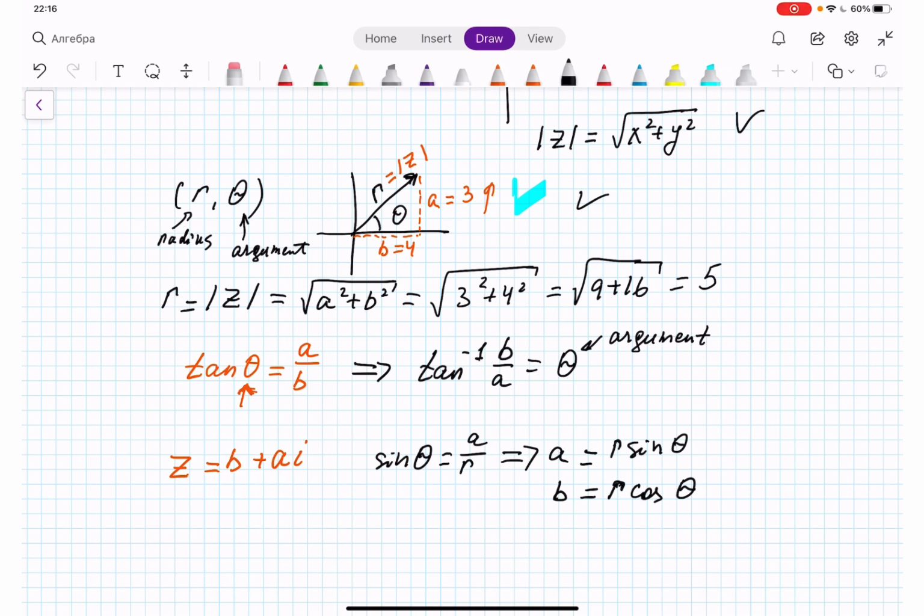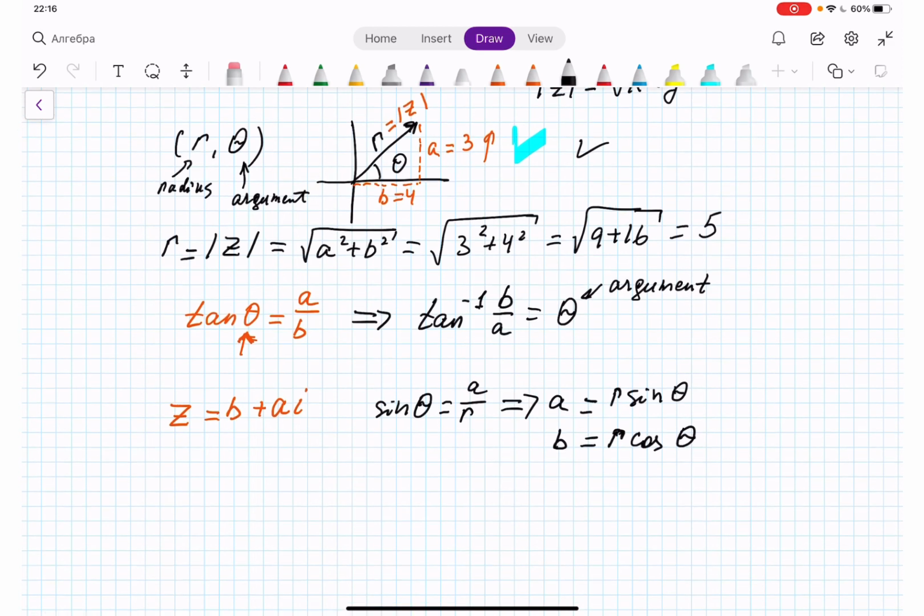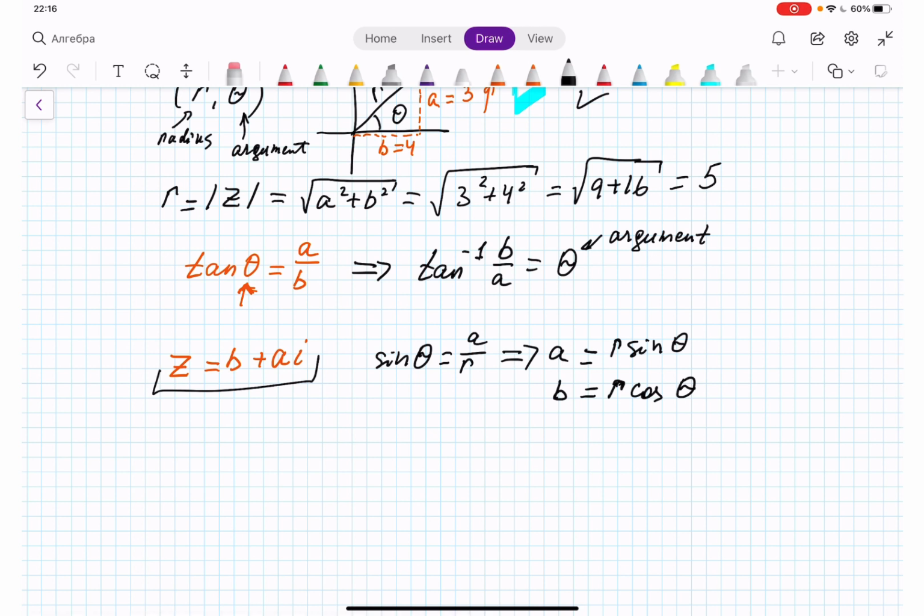And once I replace this in the Cartesian format of the complex number, I am going to get r cosine theta, where is my b? Yes, r cosine theta, plus r i sine theta.